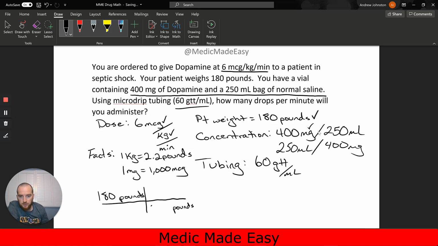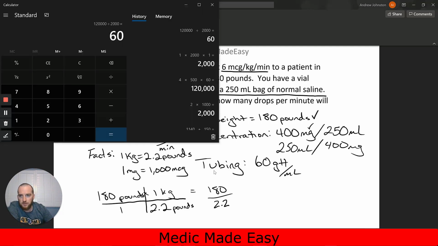So I've got 2.2 pounds, and I've got 1 kilogram. Multiplying across the top, 180 times 1 is 180. And again, we can put a placeholder 1 there if you need it. And 1 times 2.2 is 2.2. And so I've got 180 divided by 2.2.